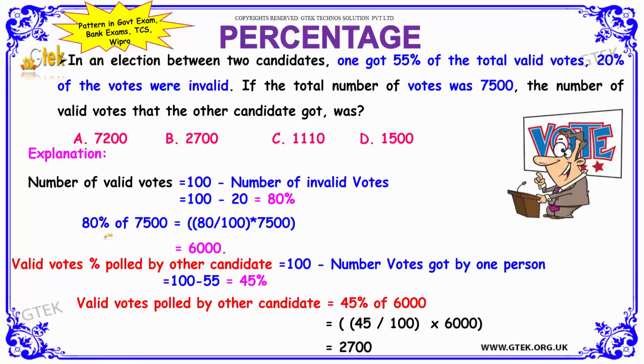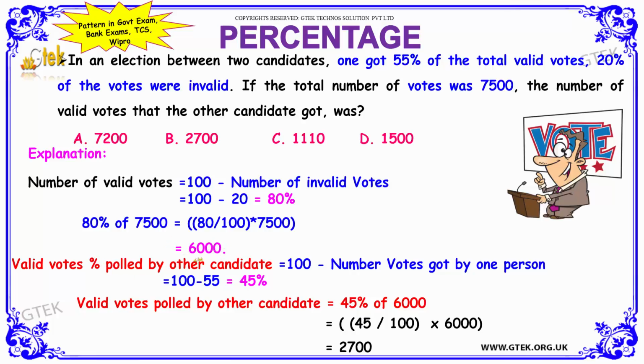So it can be obtained by dividing 80 by 100 and multiplying it with 7,500. 80 by 100 into 7,500 gives you 6,000. So, there were 6,000 valid votes in this election.